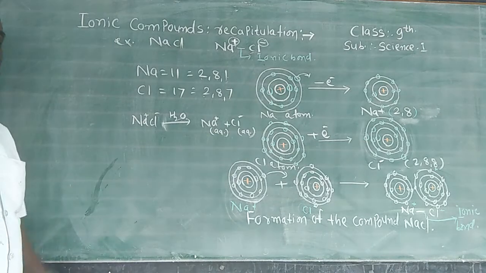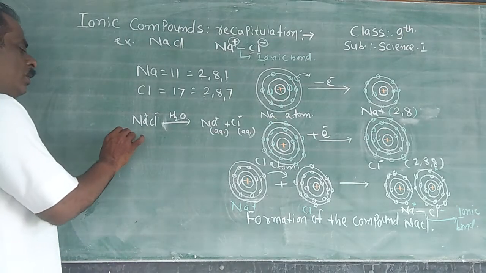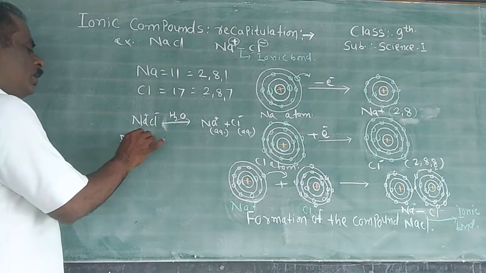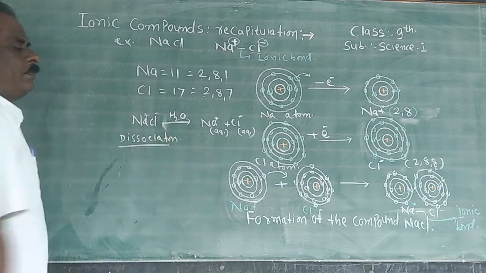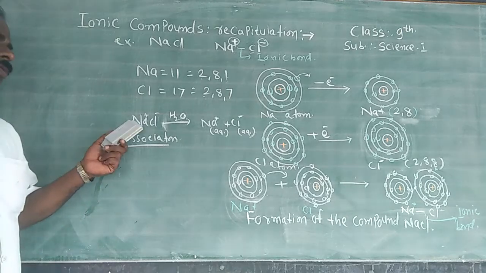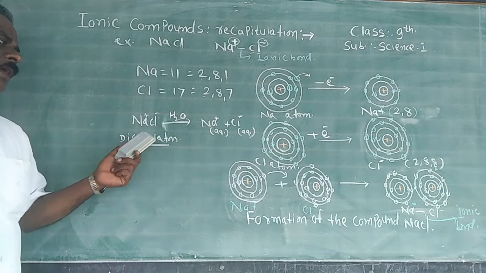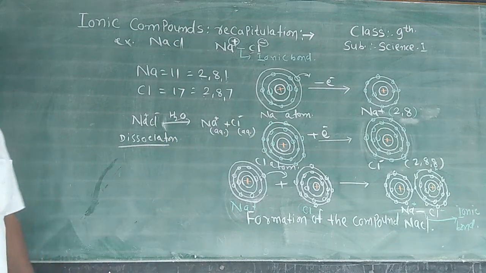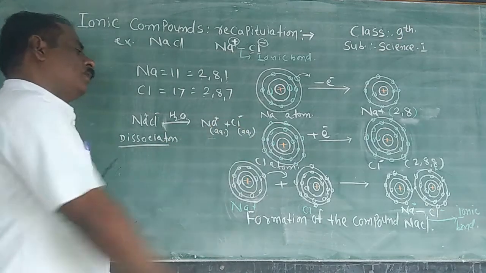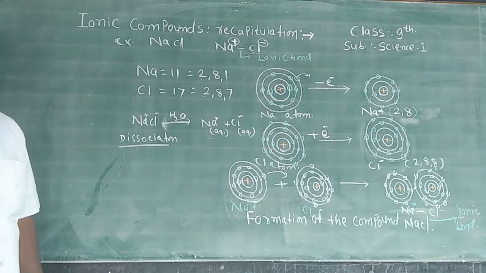This process is called the dissociation of an ionic compound. Whenever sodium chloride is dissolved in water, it dissociates into Na positive ion and Cl negative ion, forming an aqueous solution of sodium and chloride ions.